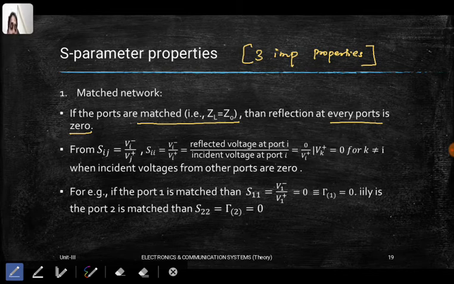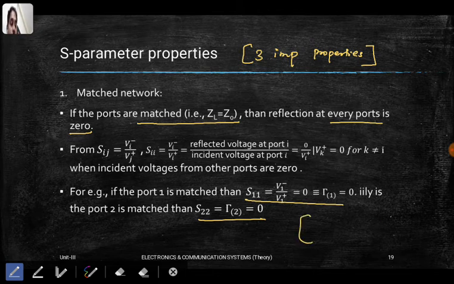So if it is a perfectly matched circuit, S11 or S22 or gamma 1 or gamma 2 is equal to 0. That is a perfectly matched circuit. From the S matrix, I can find out that if the diagonals are 0, then that device is matched, and all the ports are matched.